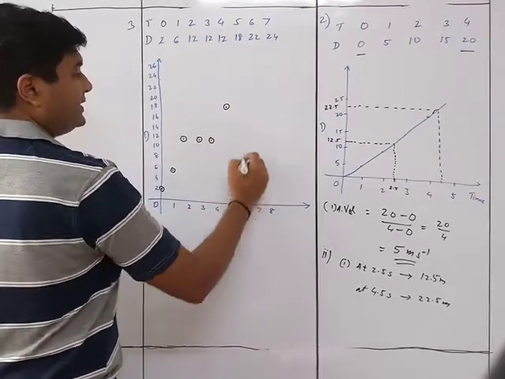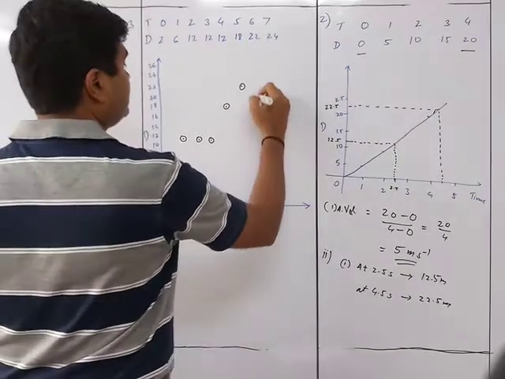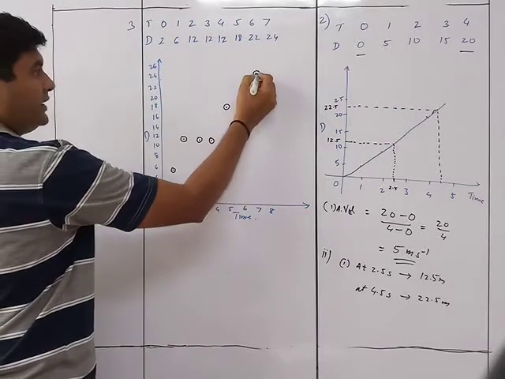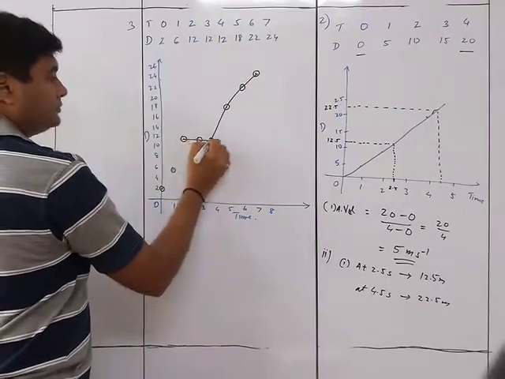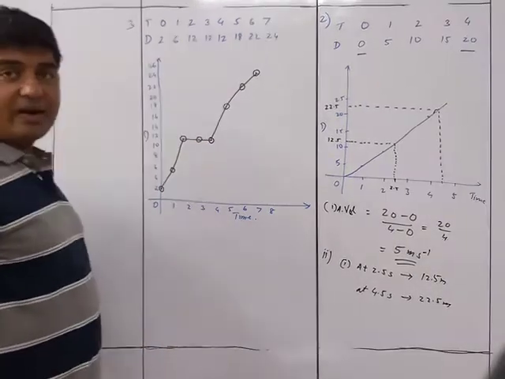Then 6 is 22, so it's coming up to 22. And 7 is 24, so that's up to this point. So when you join this, it will be going this way. This is the required graph.